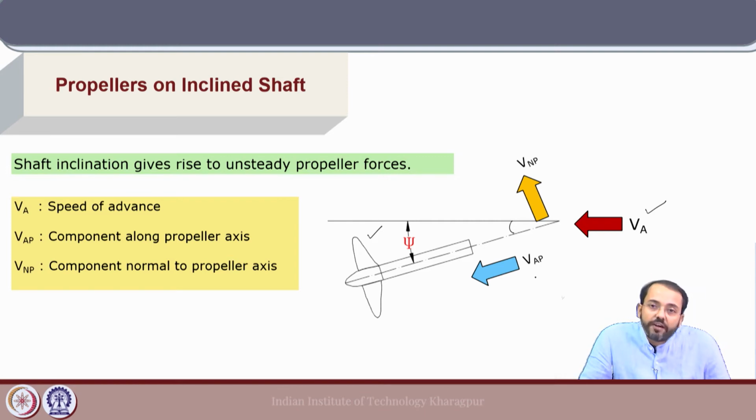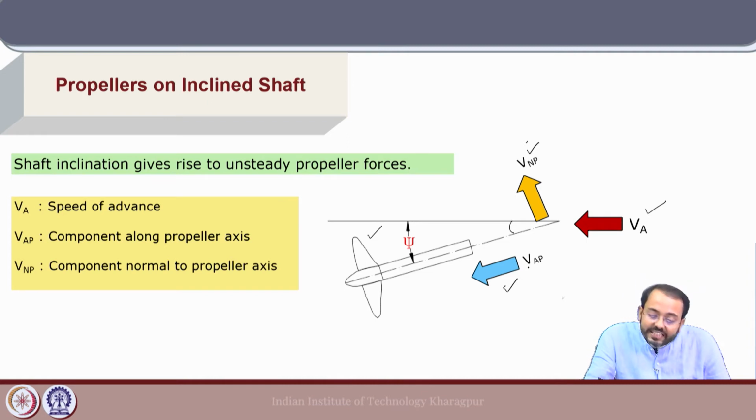Now, due to this shaft inclination, this VA will have a normal component VNP perpendicular to the propeller shaft axis and a component VAP along the propeller shaft axis. And we have to analyze the propeller performance with respect to these components for propellers on inclined shaft.